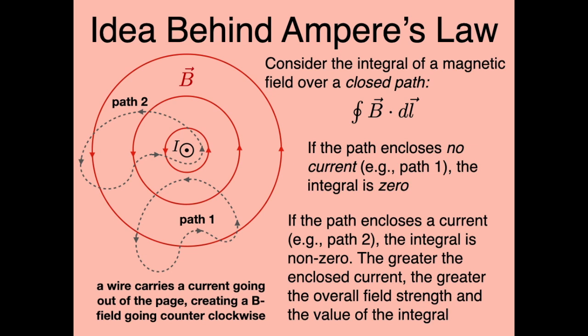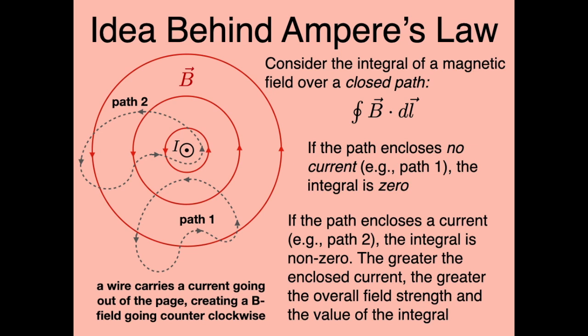Now, we know from the right-hand rule that if you take your thumb and point it out of the page, your fingers curl counterclockwise. So all of the B field lines that I'm showing you here, the magnetic field lines shown in red, are going counterclockwise. They're forming loops around the current, as we saw before.